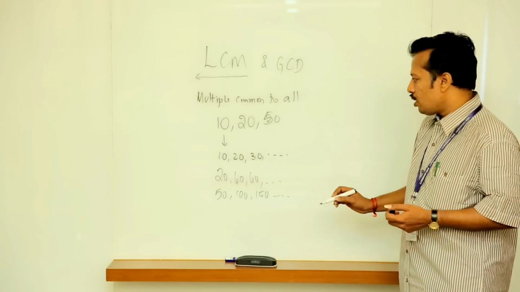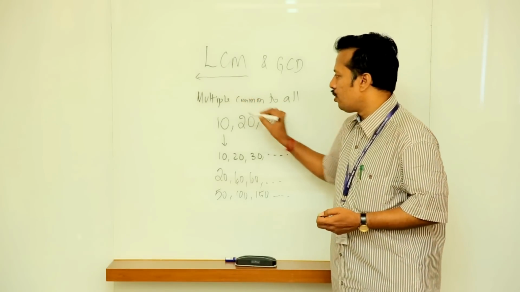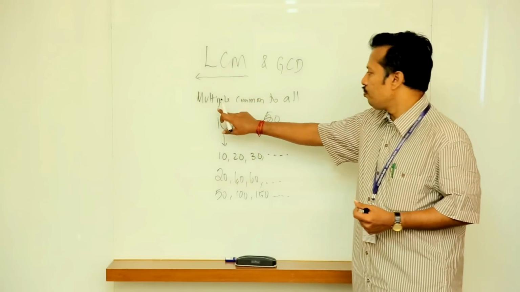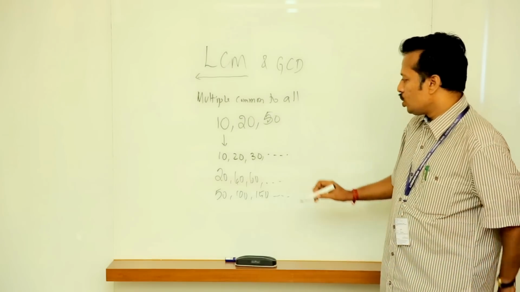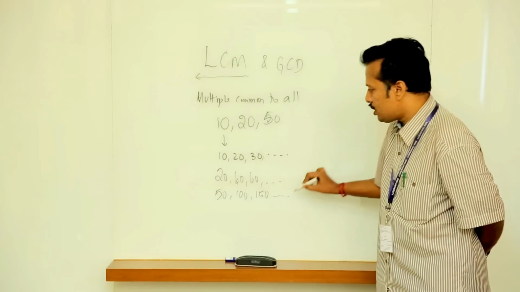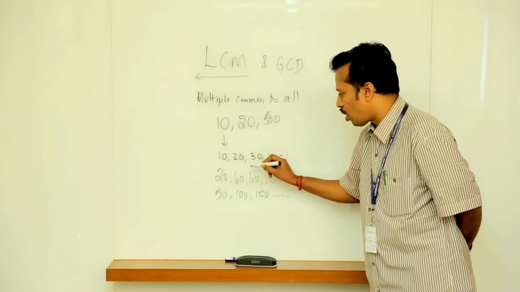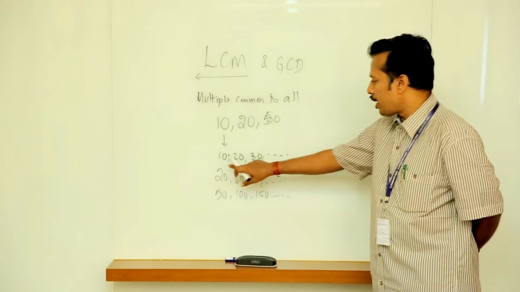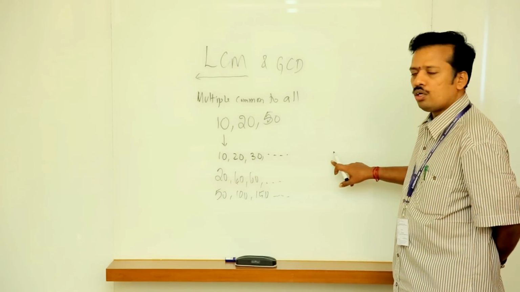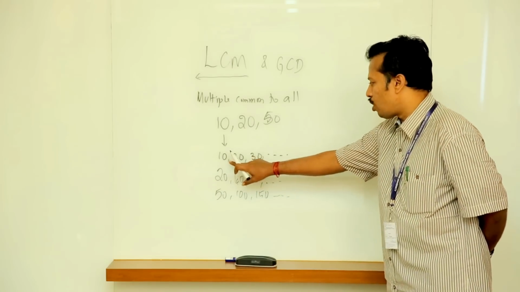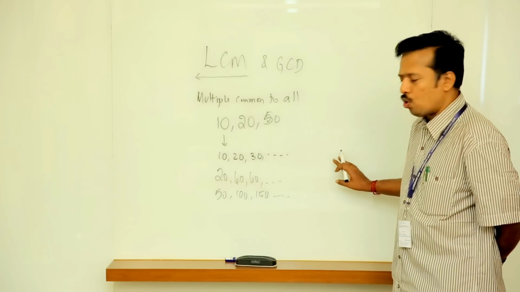So, when you find the least common multiple, as I said, it is a multiple common to all. Look at these sets of numbers and identify a multiple which is common to all. For 10, it goes 10, 20, 30 and so on, up to 100 and even more than that.